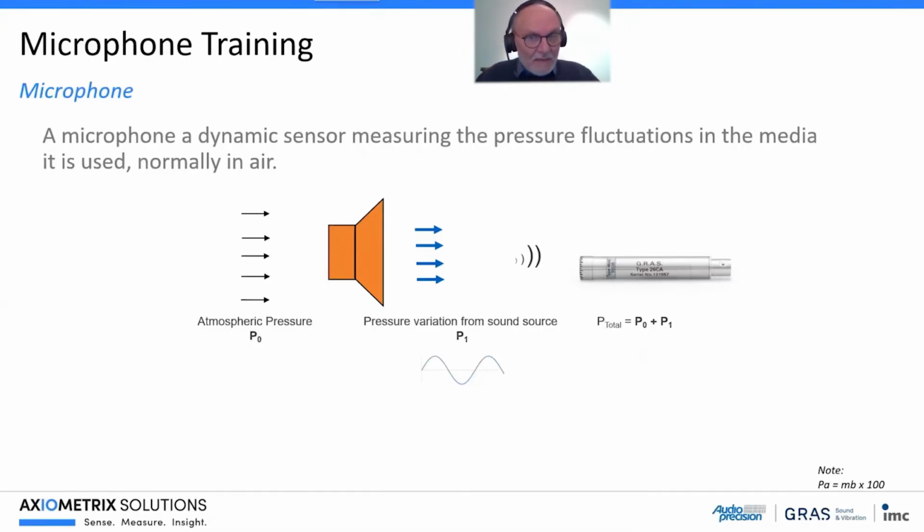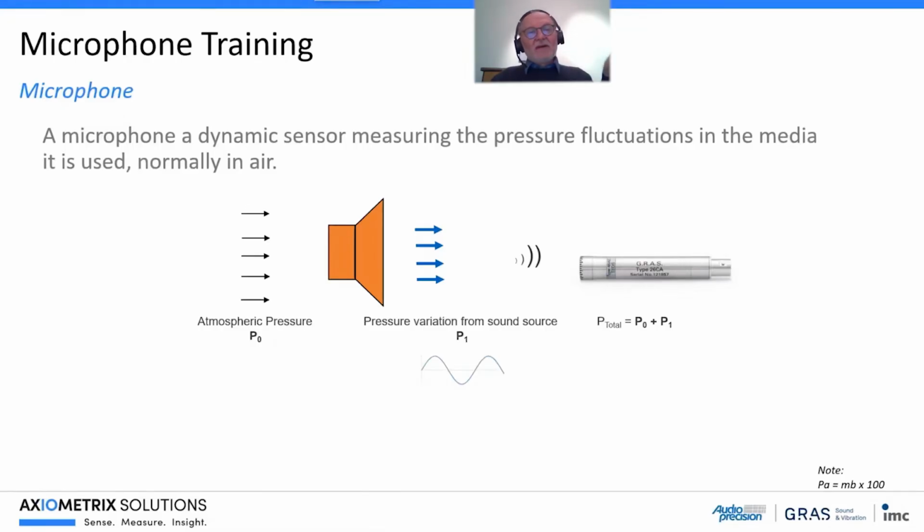But due to the venting system in the microphone, we will compensate out the atmospheric pressure, so the output of the microphone is only the small pressure variation we are picking up.